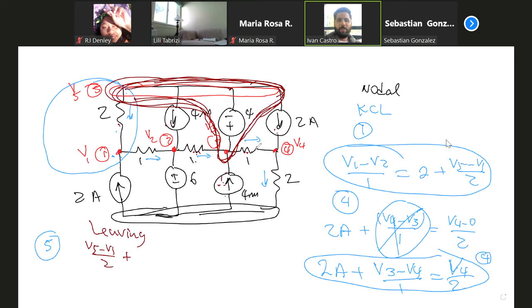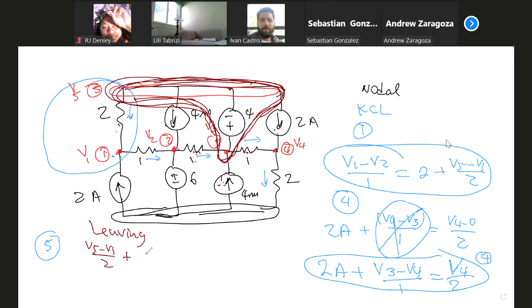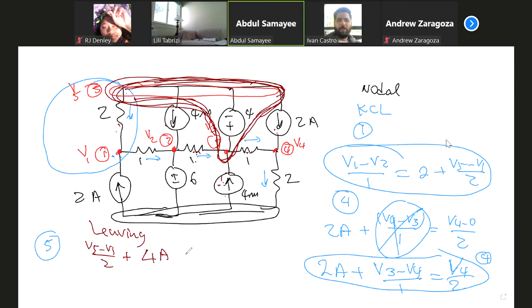It should just be 4 milliamps. Yeah, that one's just 4. Then plus 2 amps. And then there's V3 minus V4 all over 1. Okay, entering. You have 2 entering, 1. V2 minus V3 over 1, and then 4/2.